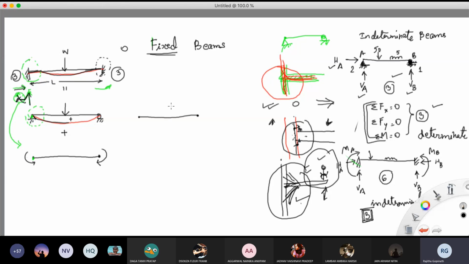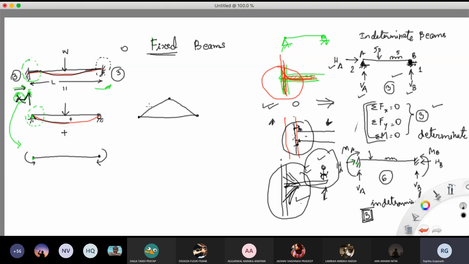Right? Like, any idea? Anybody wants to take a guess? Can you repeat the question? I wanted to know what the bending moment diagram is for a simply supported beam with a point load in the center.